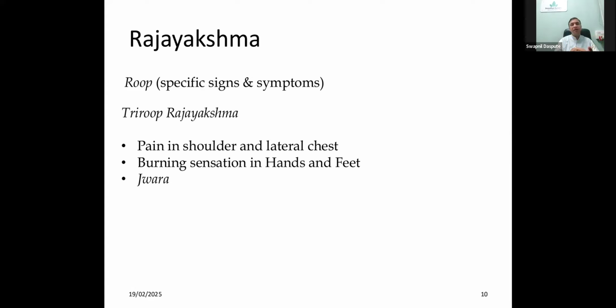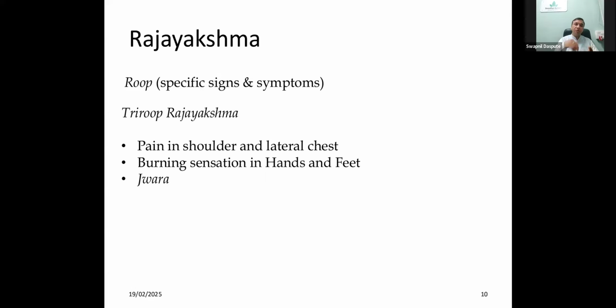So when acharyas or classical textbooks say that this is the three Rupa stage of Rajakshma, you may not be able to understand that this is three Rupa Rajakshma. You may consider that as a patient with fever and treat.